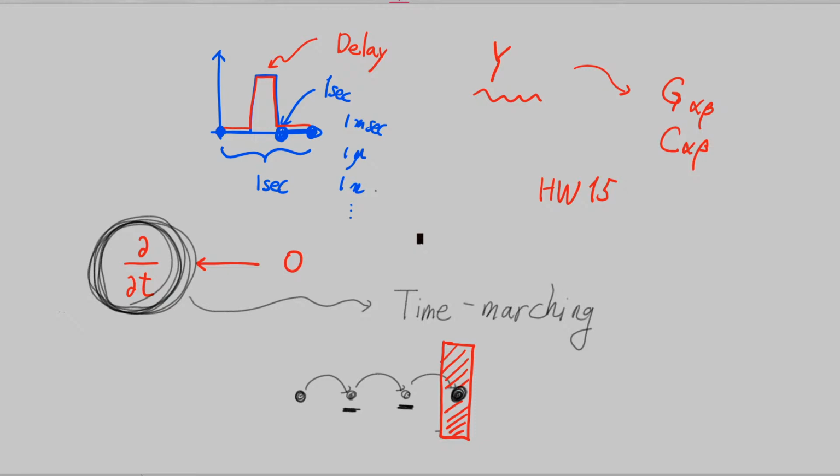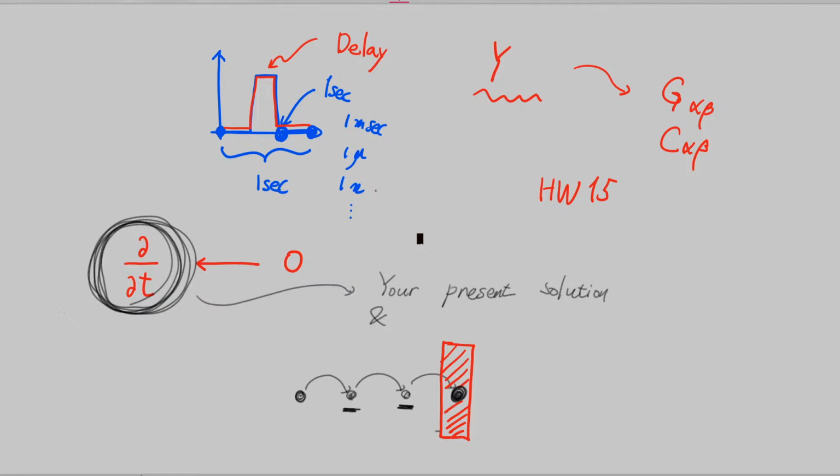So in this time marching approach, your time t should be discretized in terms of your present solution and your past solution.